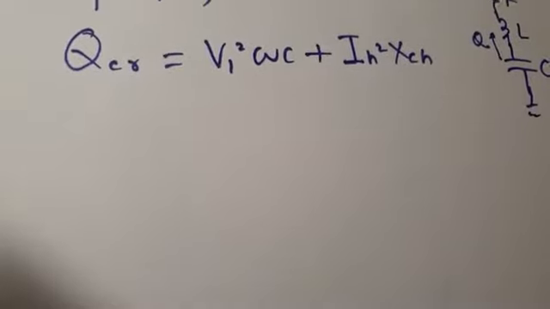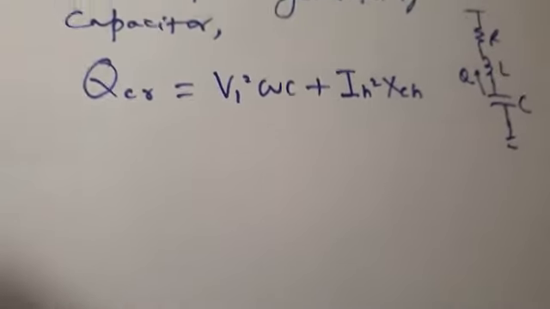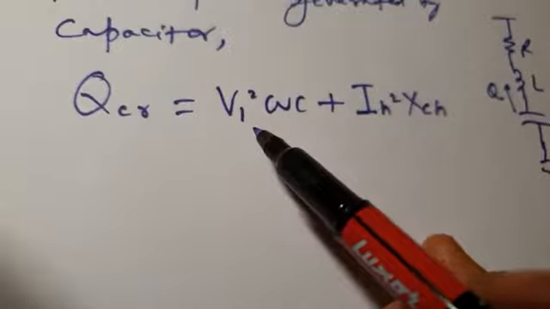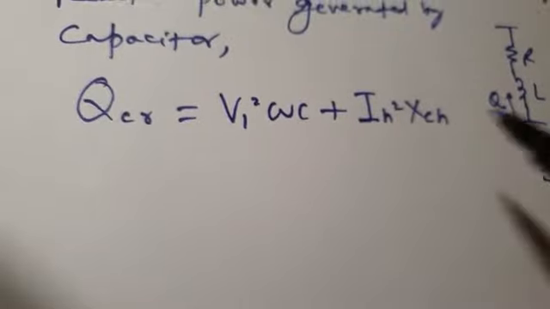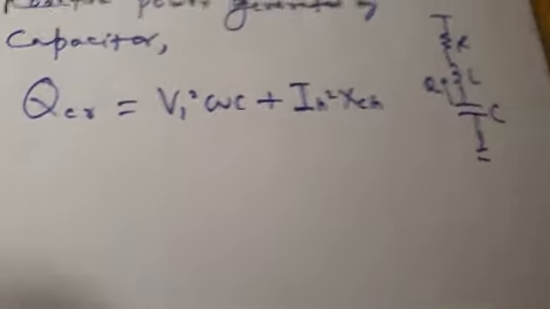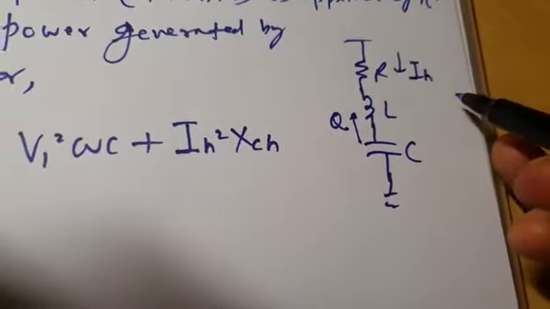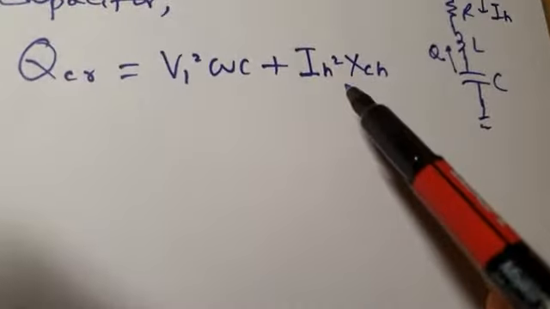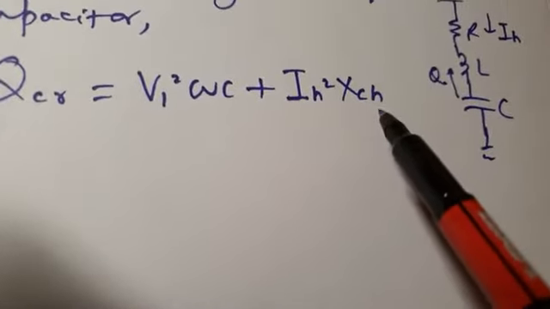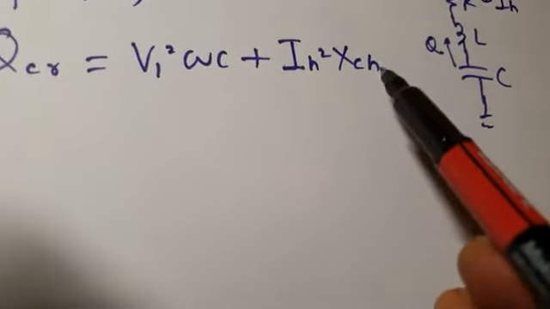Now your filter should supply reactive power corresponding to the fundamental component of frequency. But simultaneously, your filter is designed to suppress some harmonic current, say IH. So corresponding to that harmonic current also, it generates some reactive power, which is called harmonic reactive power.